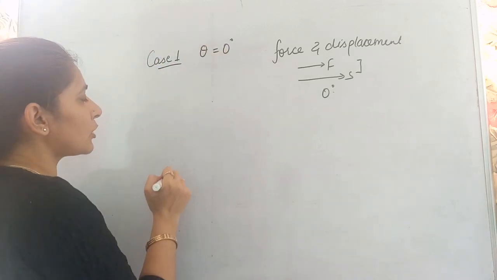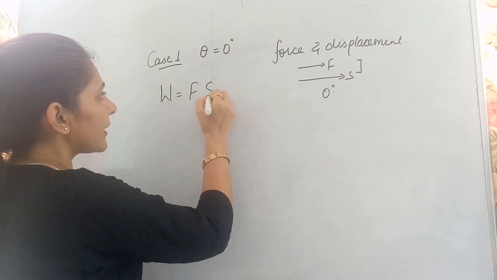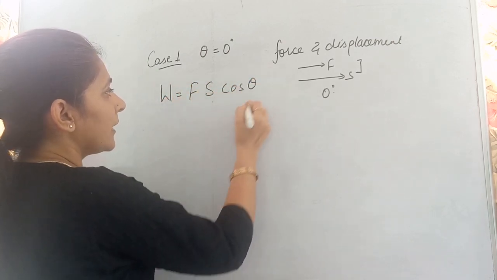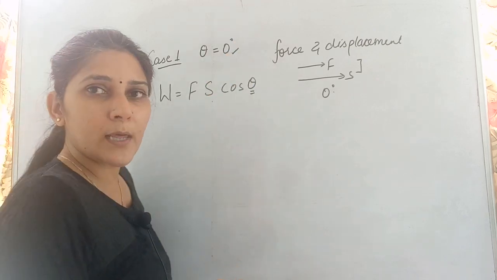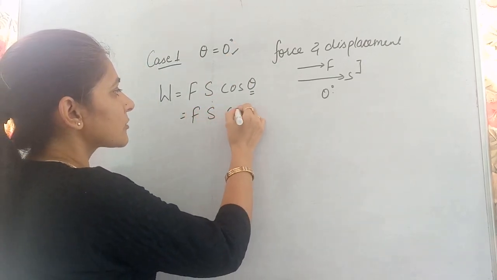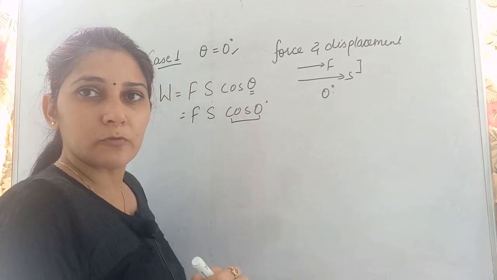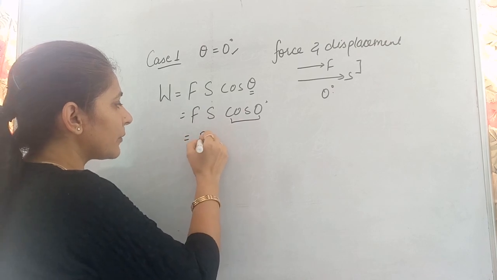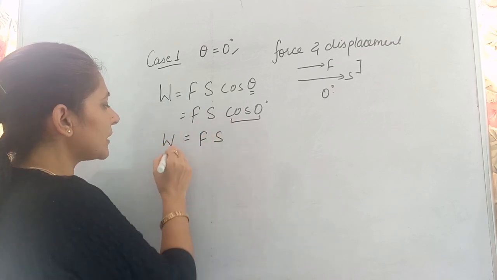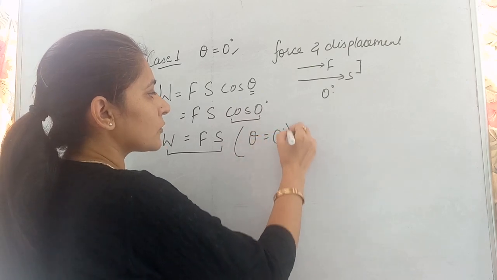In this situation, the work done is given by the formula Fs cos theta, and instead of theta we place 0 degrees. So this becomes Fs cos 0 degrees. The value of cos 0 is 1, so this becomes Fs. That means work done is given by Fs when theta is equal to 0 degrees.